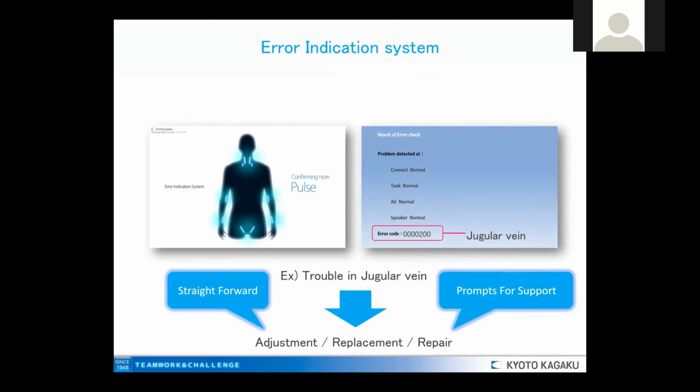The system makes a brief scan of the most important parts of the simulator, such as the connection of the pulses or the connection of the speakers, so that if there is something wrong, the system will advise you automatically, so that you know what is going wrong, and you will get an error code here.